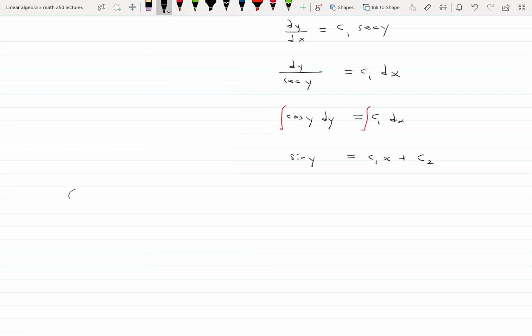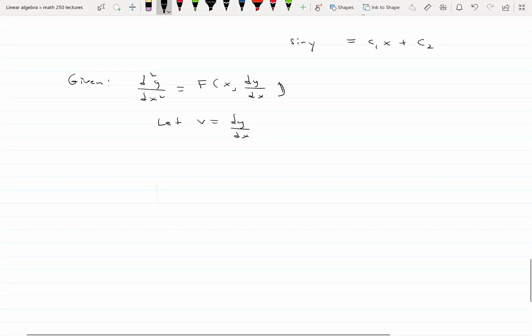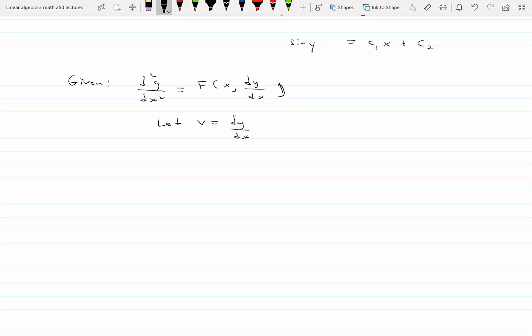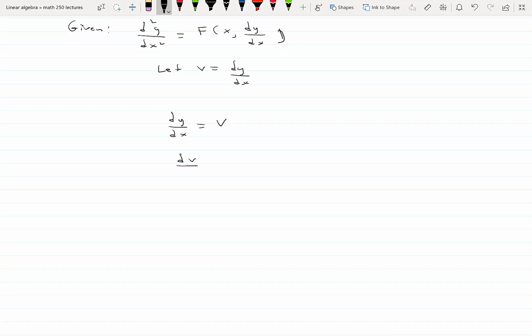If we're given d squared y over dx squared equals f of x and dy dx, let v equal dy dx, and that transforms into the system of two differential equations: dy dx equals v, and dv dx, that's the second derivative of y, equals f of x, v.